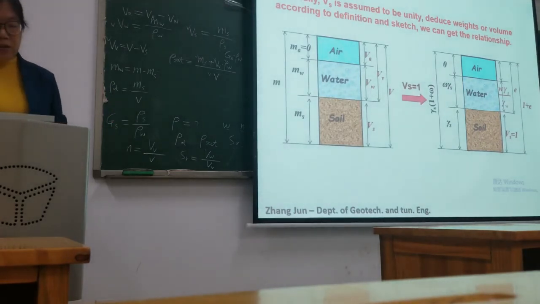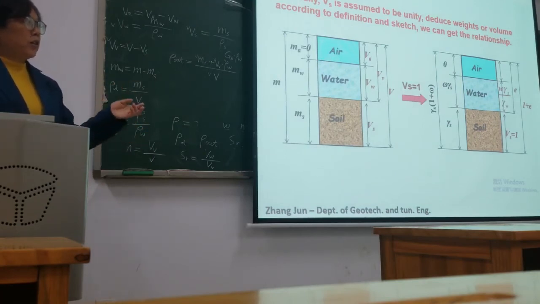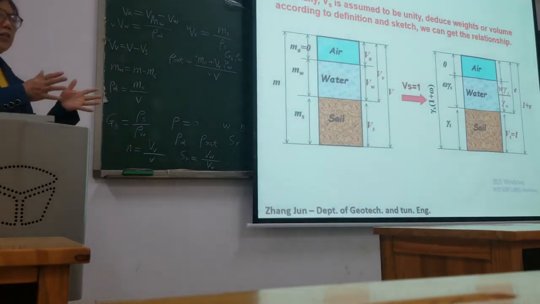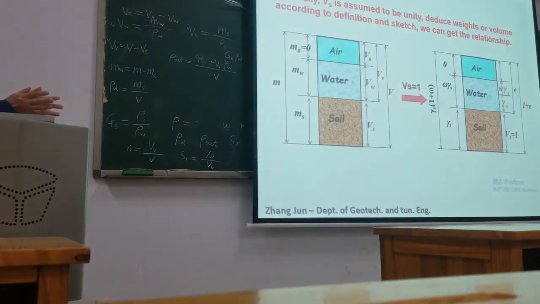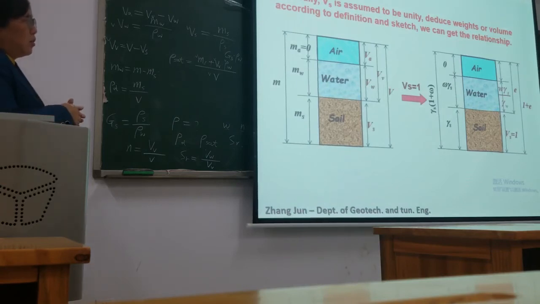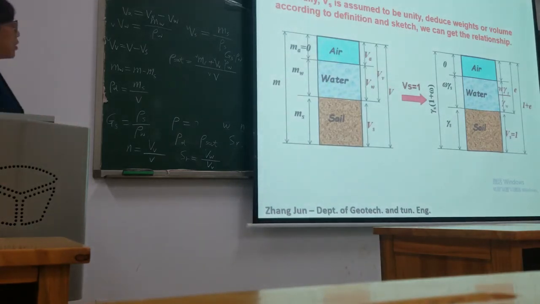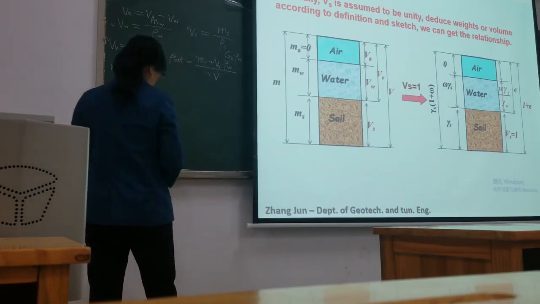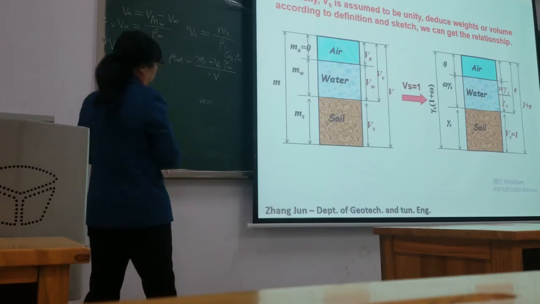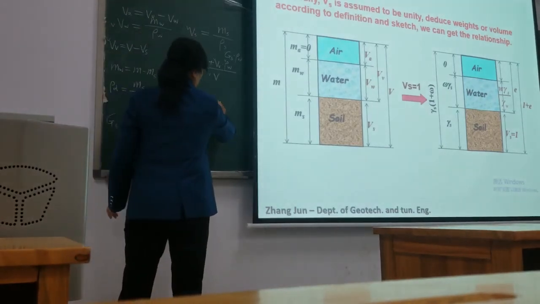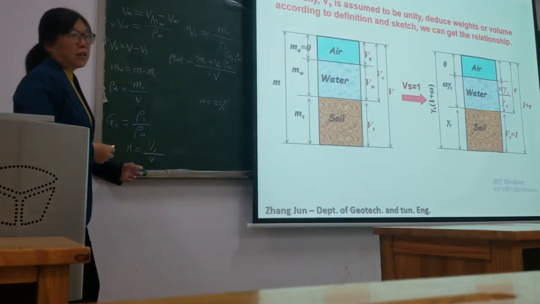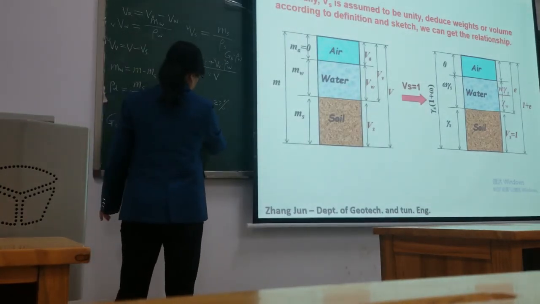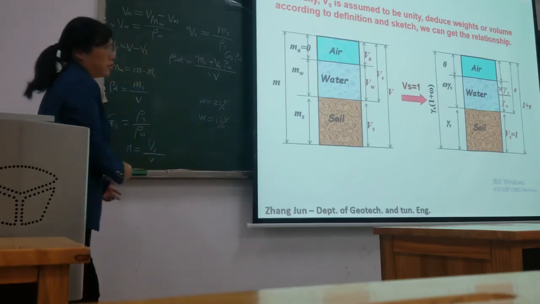Sometimes in engineering, we should fill the embankment, and according to the requirement we should use the water content 22%, but now we have the soil material with water content 12%.